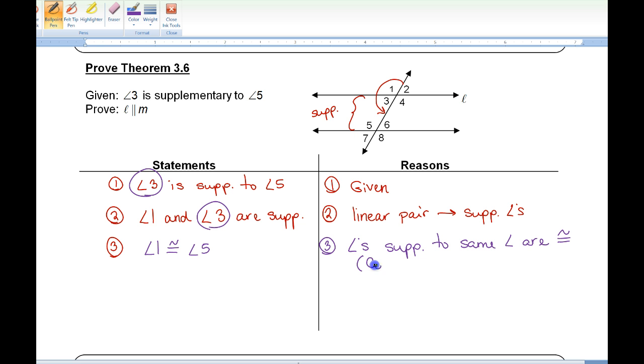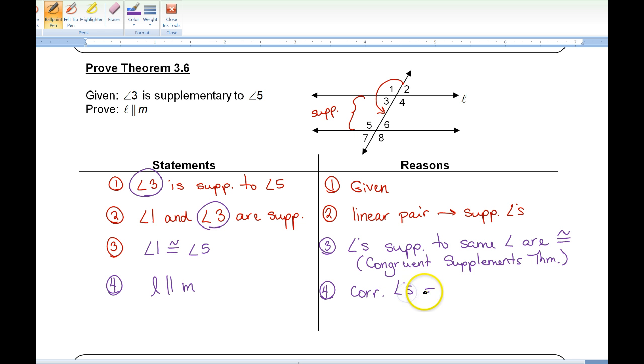You could also write this is the congruent supplements theorem, if you prefer to write that. Okay, so now once I have corresponding angles congruent, I can say L is parallel to M, and my reason is that corresponding angles congruent implies parallel lines.